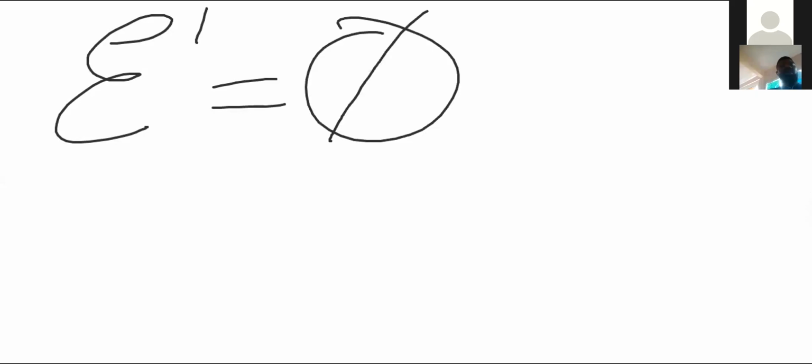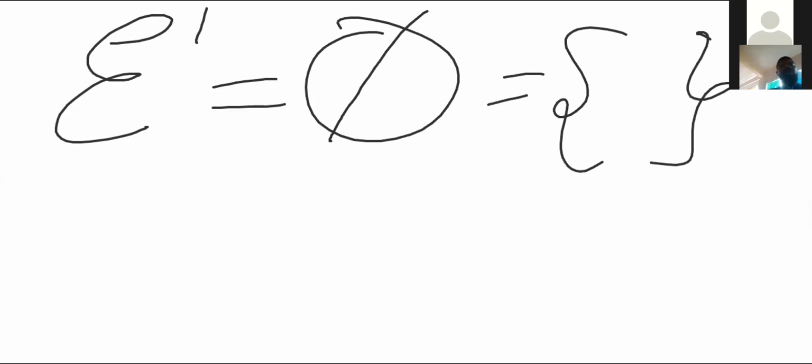But what is the prime of the universal set? Just pause and check. If you list all the elements of the universal set, I want to find the elements that are not in the universal set. The universal set is the set we're considering, so if there is an element that's not in it, we don't know it, or it doesn't exist, so it is an empty set.